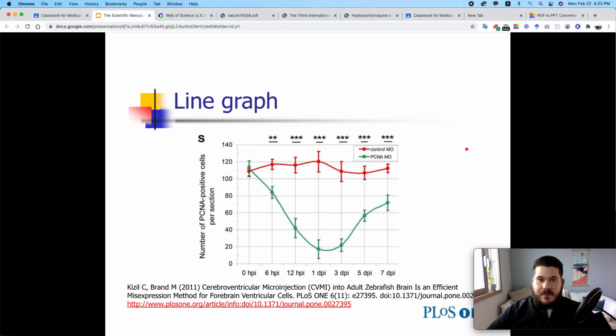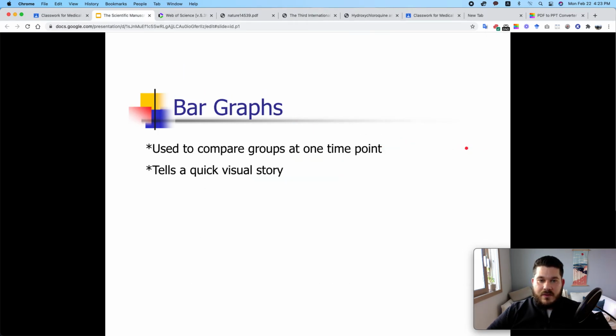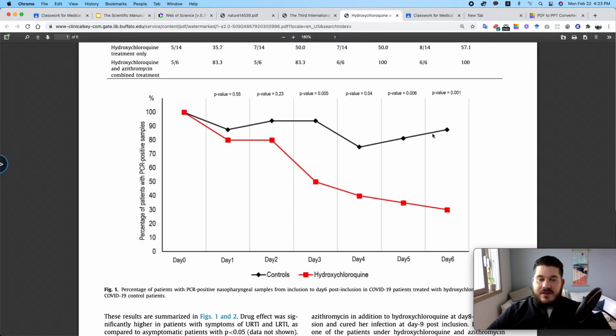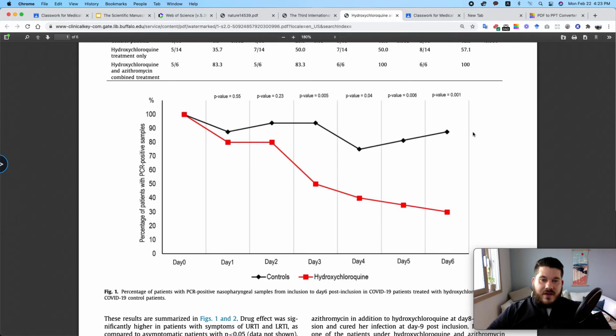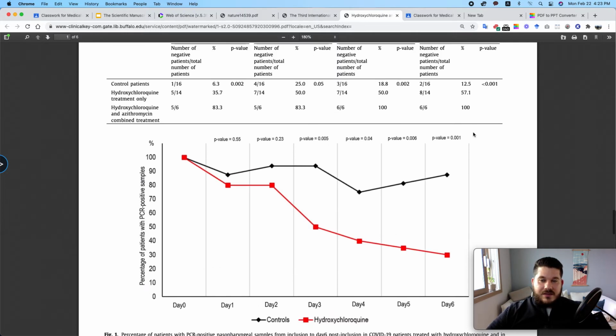Okay, so an example of a line graph, I'm going to show you in a moment. We have bar graphs too. Here's an example of a line graph, as I mentioned before. What this study did, I thought was really interesting, and one of the reasons it's so fascinating is because it not only dealt with coronavirus, but also with the trend of this treatment.